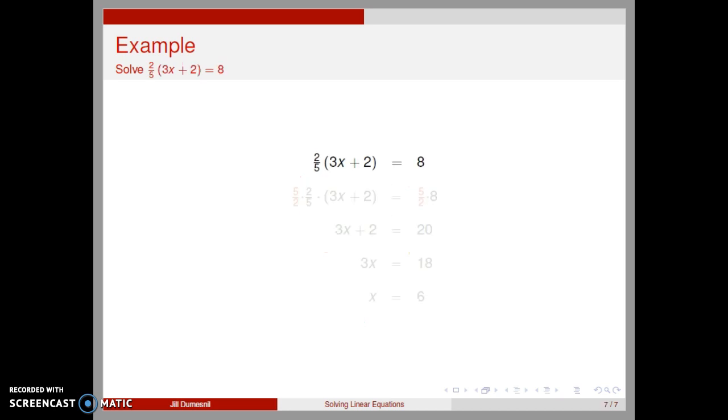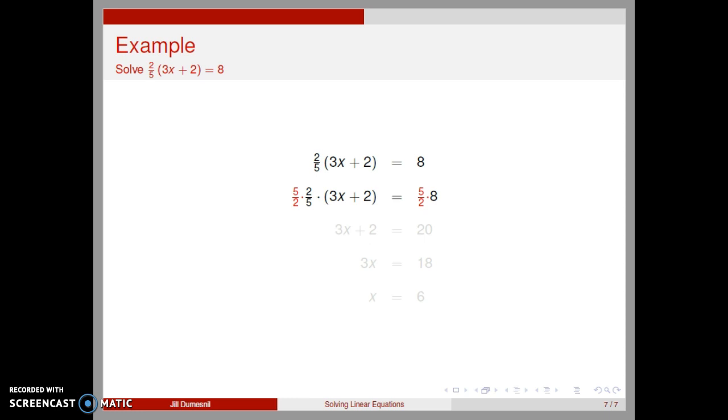For one final example, let's solve 2/5 times the quantity 3x plus 2 equals 8. Again, we might wish to clear the fractions, so we can multiply on both sides by 5/2. Notice on the left-hand side we have 3 quantities multiplied together.